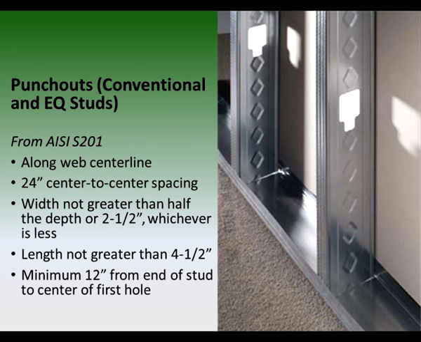Fourth, punch-outs shall have a length not exceeding 4.5 inches, and fifth, the distance from the center of the last punch-out to the end of the member shall not be less than 12 inches, unless otherwise specified. Any configuration or combination of holes that fits within the punch-out width and length limitations is permitted.